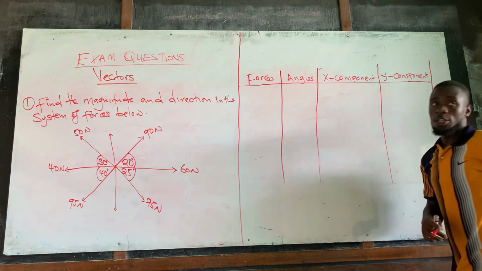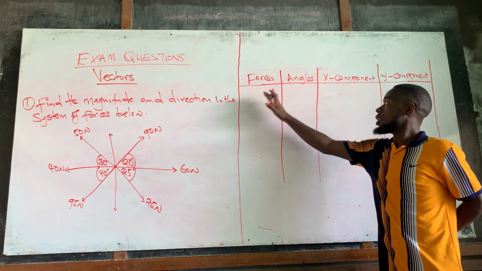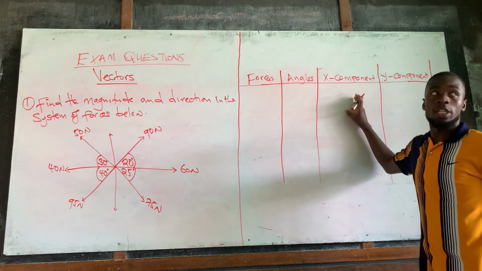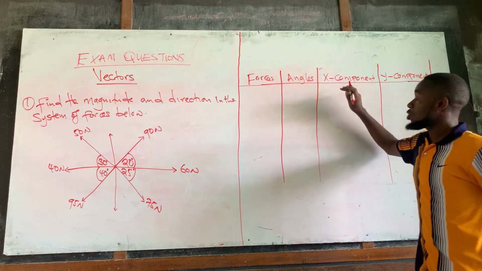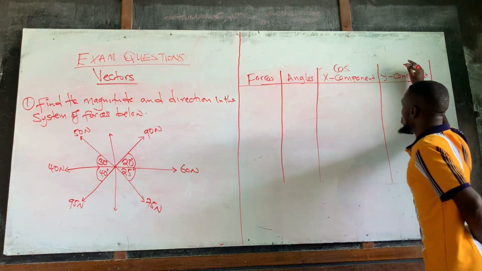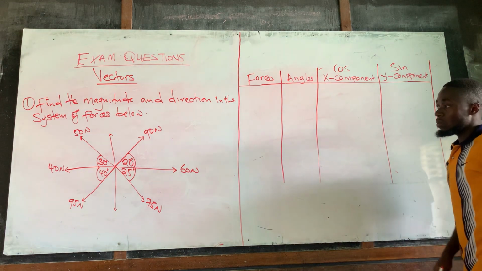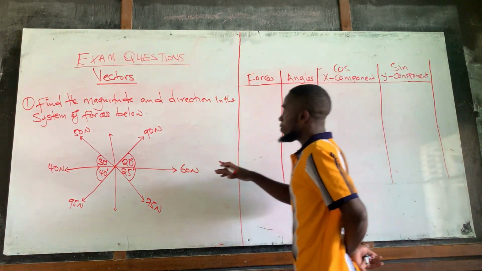So this is the first thing: we make a table like this one. The first column is forces, then angles, then x component. And we know that for the x component we are talking about cos. And for the y component we are talking about sine. So here on forces, how many forces do we have?